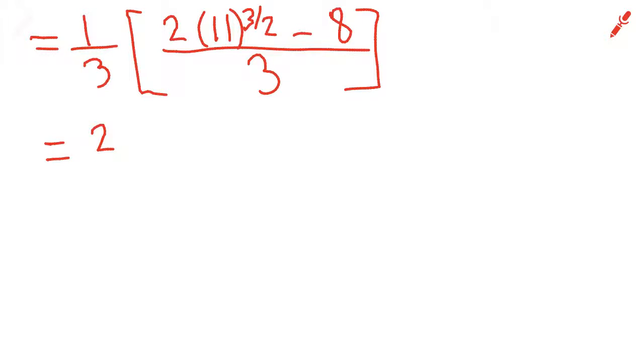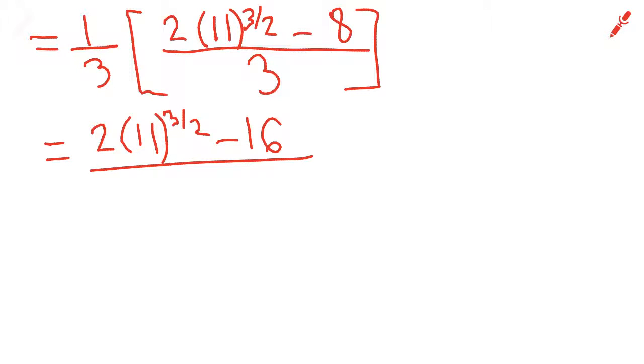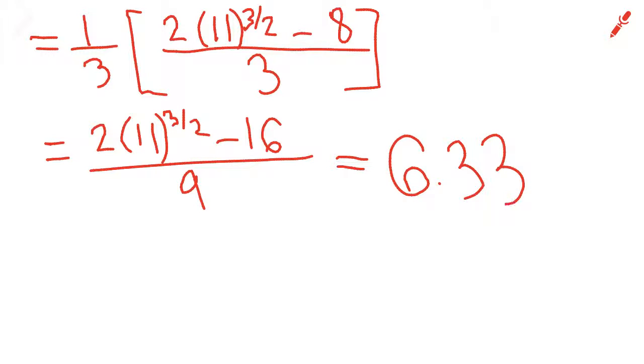We don't want to compute that 11 to the 3 over 2 because it will give out a really complicated decimal, so let's prefer to leave it there. So the final answer is 2 times 11 to the power 3 over 2 minus 16, all that over 9. And then when you do this in the calculator, the final result will give you 6.33.